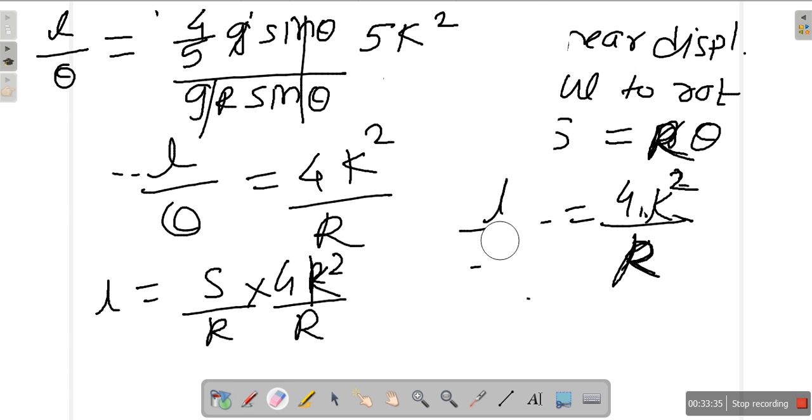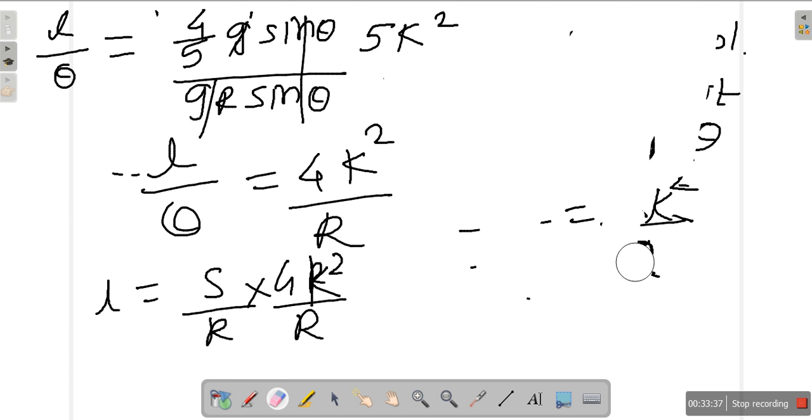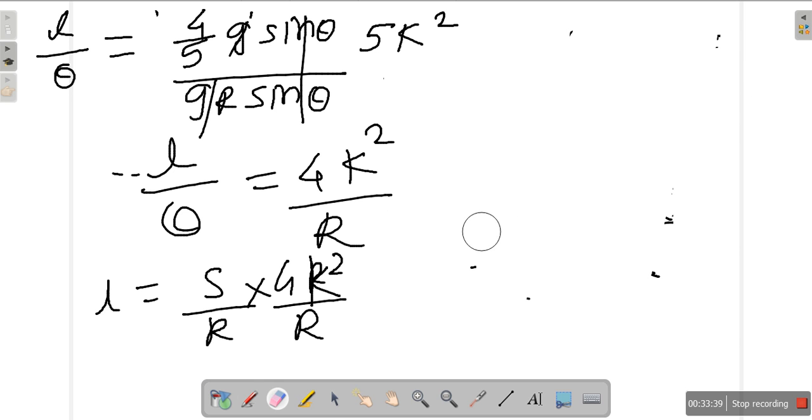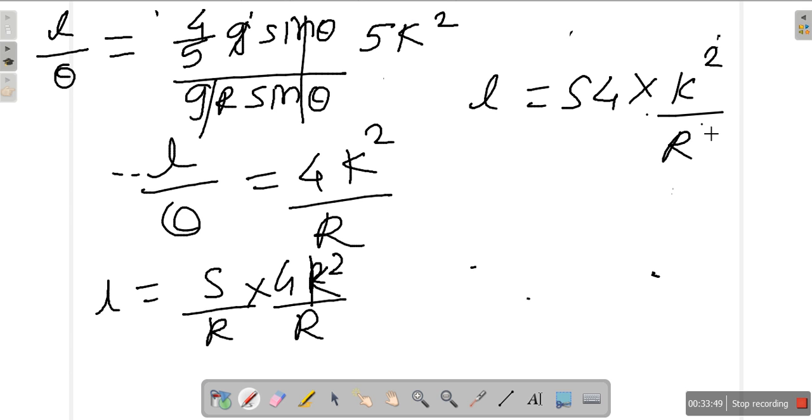That leaves me with L equal to S into 4 into k square upon r square. So L is S into 4, and you know k square upon r square is 2 by 3.